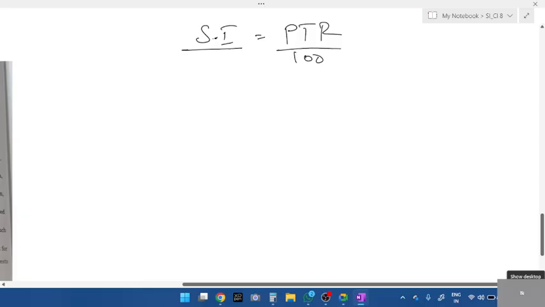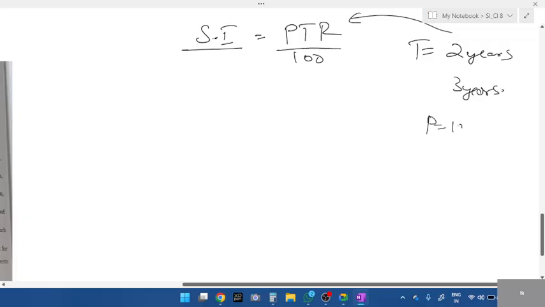The difference is that in compound interest, even if the time period is 2 years, you take it together. Time period 3 years, we do it together. For example, principal is 1000, time 3 years, rate is equal to 10%. If 3 years is given, how do you calculate, students?